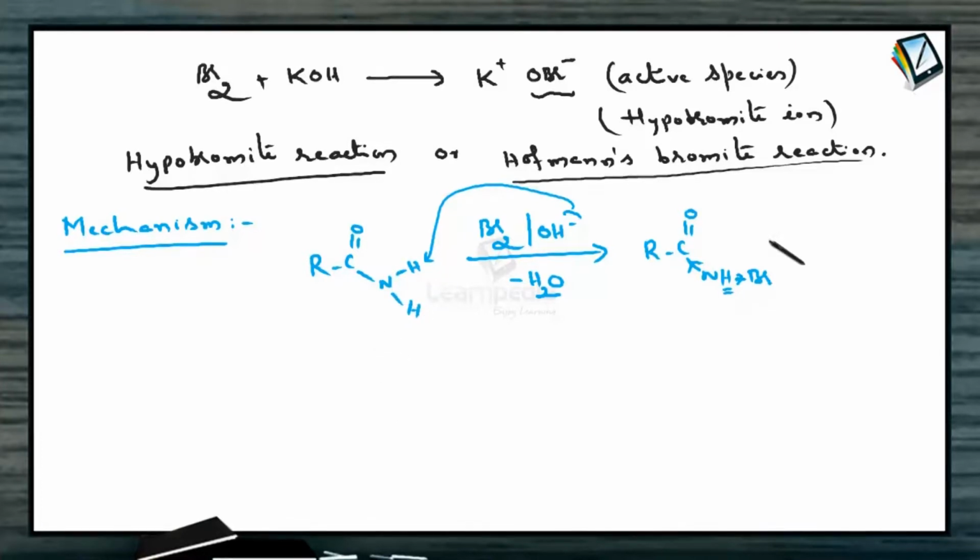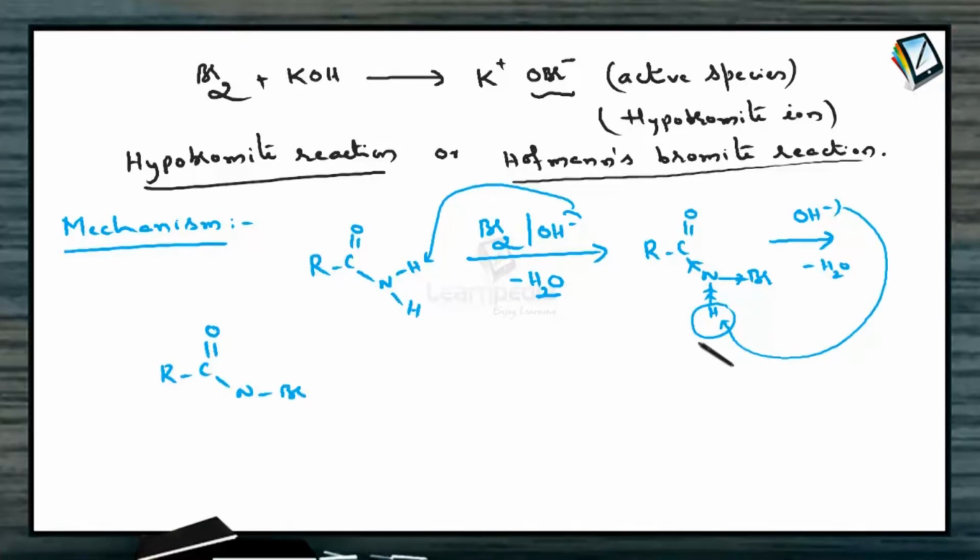Therefore in the next step, OH minus from KOH further attacks that hydrogen, and thereby once again water is eliminated. The bond between nitrogen and hydrogen is pulled more towards the nitrogen atom, making this hydrogen acidic. So the OH minus will readily attack this acidic hydrogen, so that water is eliminated and gives RC double bond O NBr.